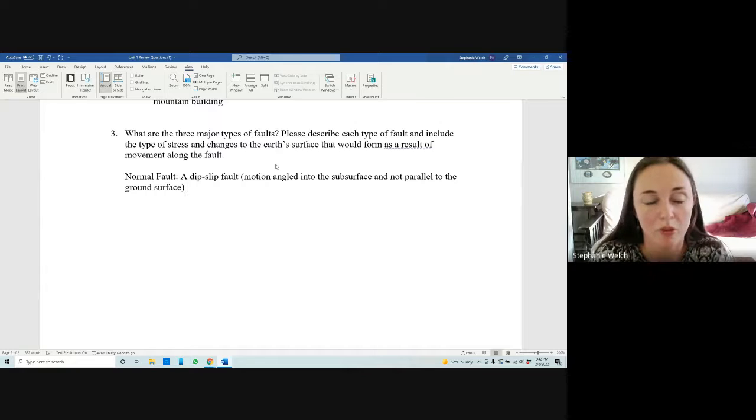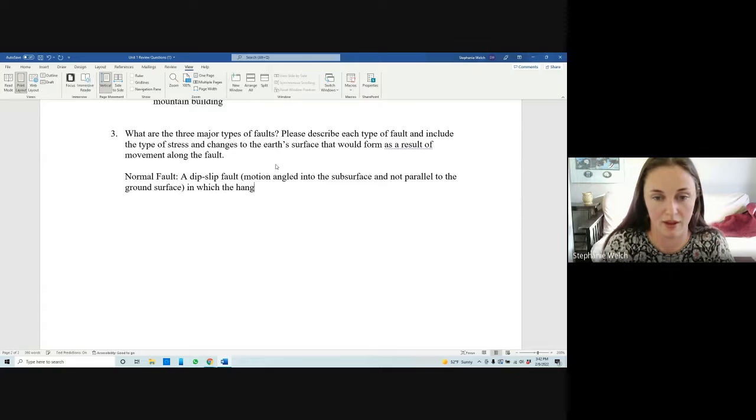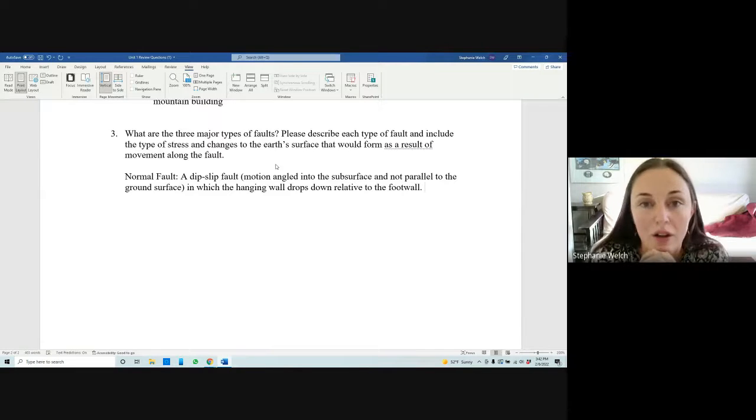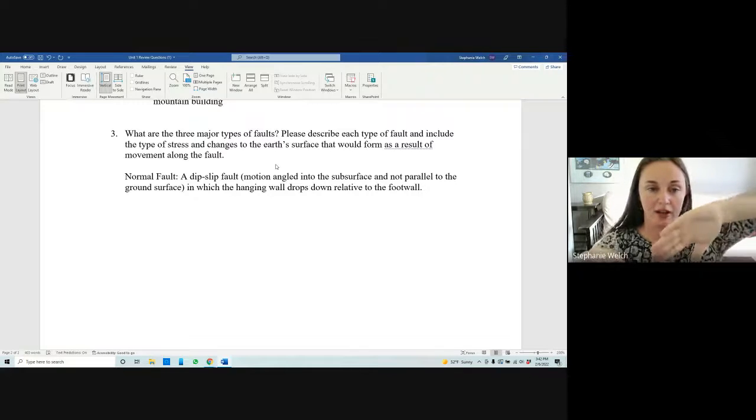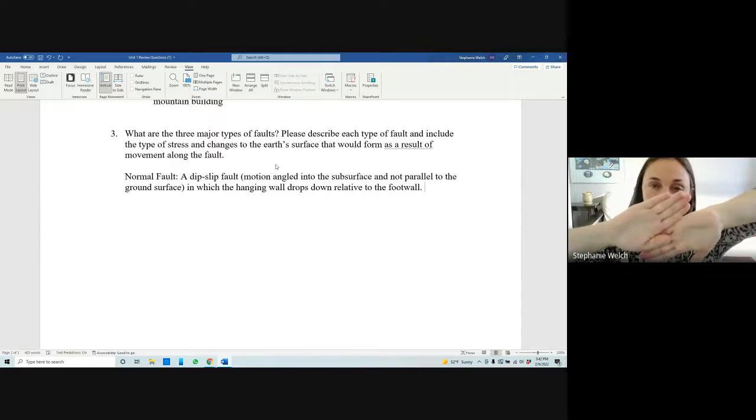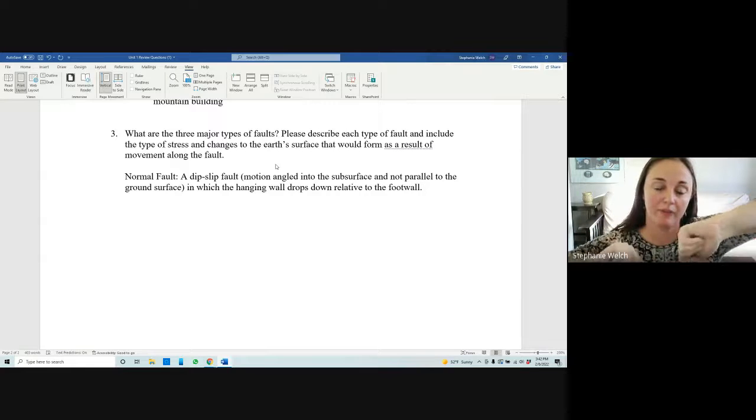A normal fault would be a dip-slip fault in which the hanging wall drops down relative to the footwall. Essentially, if there's a block of material above the fault, that's this hand, and a block of material below the fault, that's my lower hand down here, the upper block, what we're calling the hanging wall, is sliding down relative to the footwall.